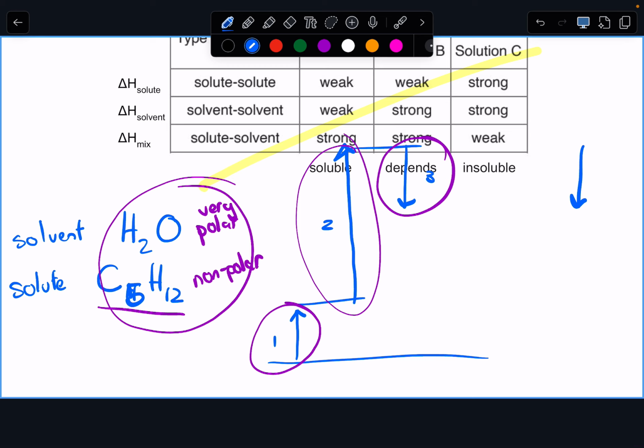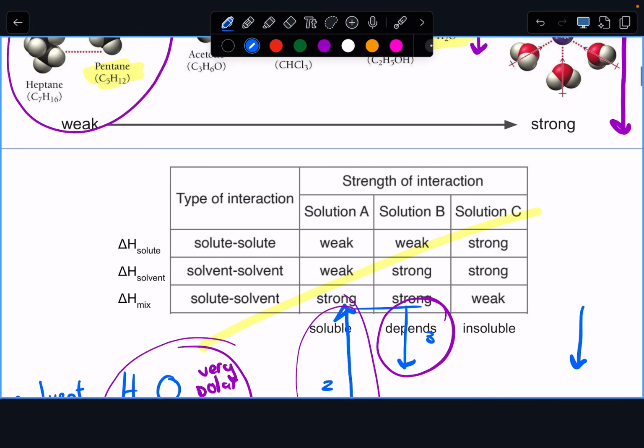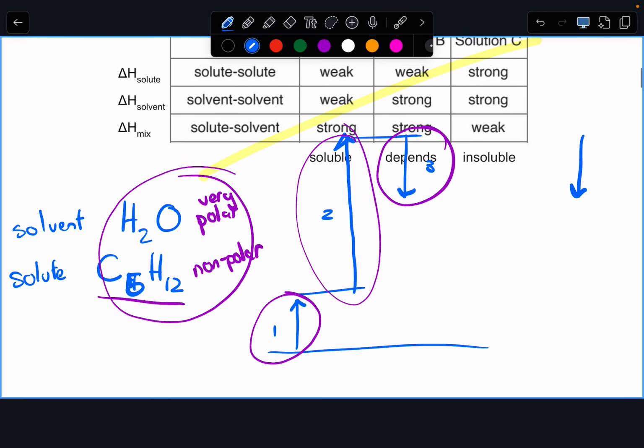Well, because the forces that are required to break apart the pentane solute and the heptane solvent are going to be very small. So you're going to have a little bit of energy, and then you only release a small amount of energy, but it didn't take a whole lot of energy to start anyway.